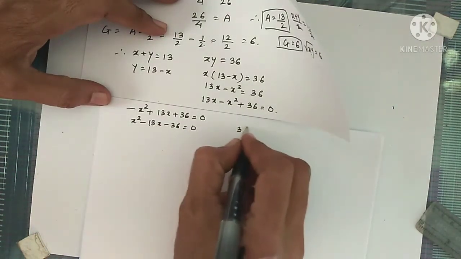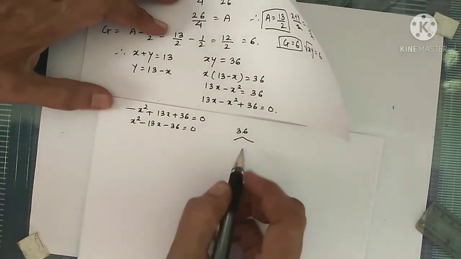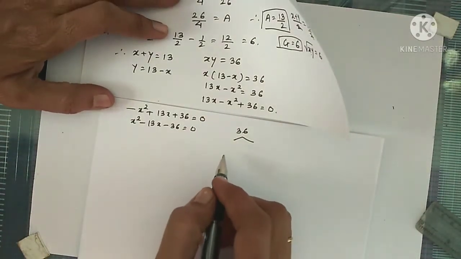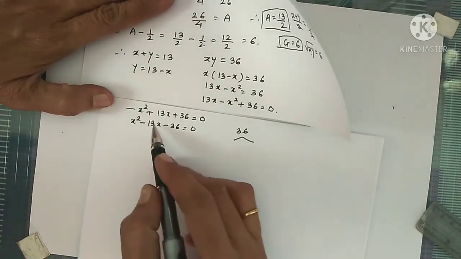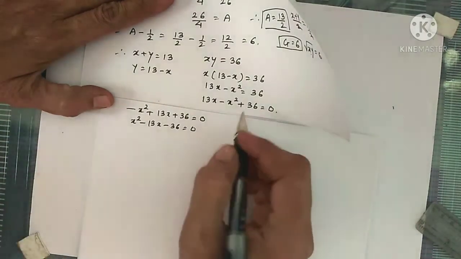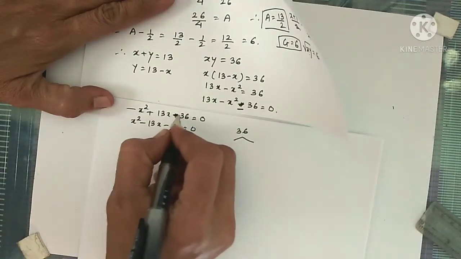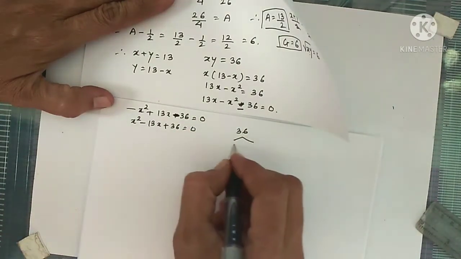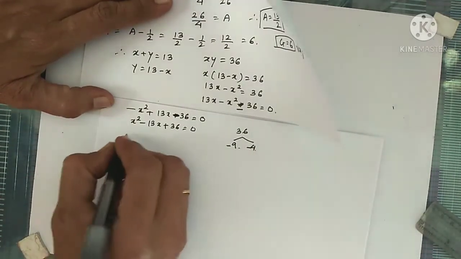Now let's factorize this. We want 36 as product of two numbers such that their sum is minus 13 and product is 36. Now it should be minus 36 here, so this becomes plus. So this is minus 9 minus 4. Product is 36 and sum is minus 13.